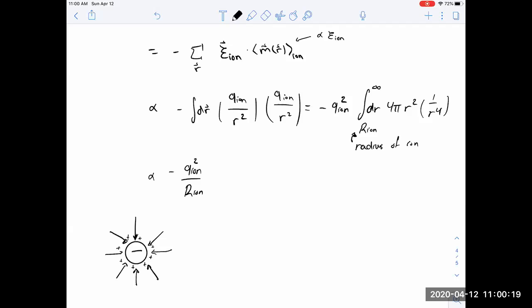Then it's no surprise that the interaction energy goes like the initial charge of the ion times the amount of charge that the solvent effectively brings to the ion in polarizing. Well, it makes sense that that's going to be proportional to the initial charge of the ion.